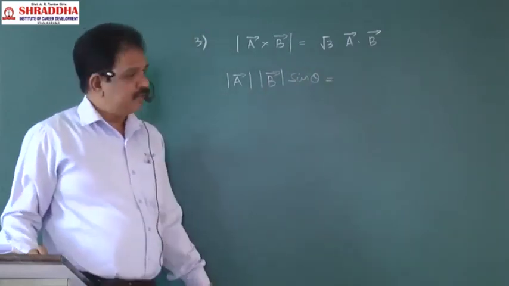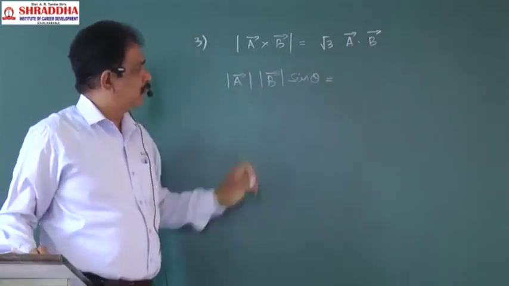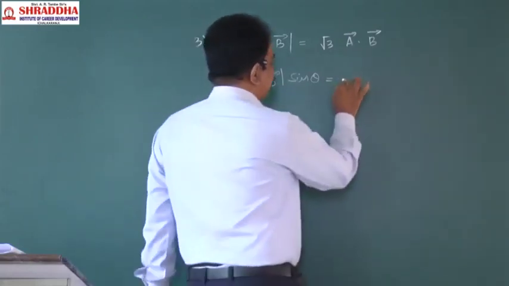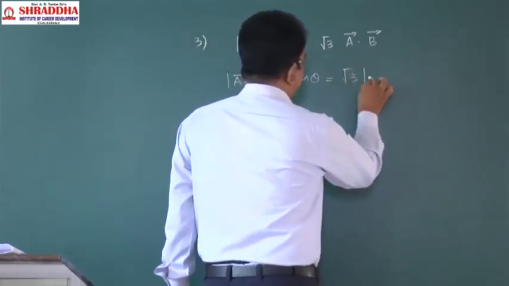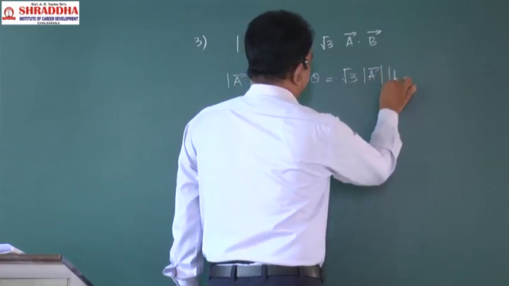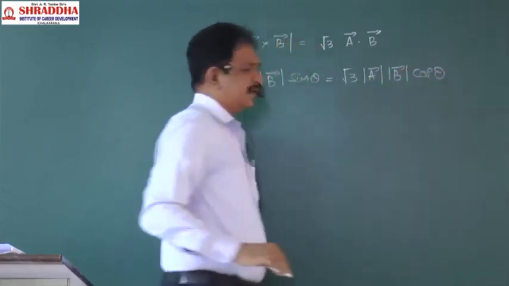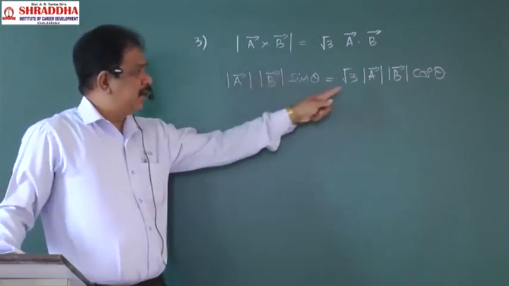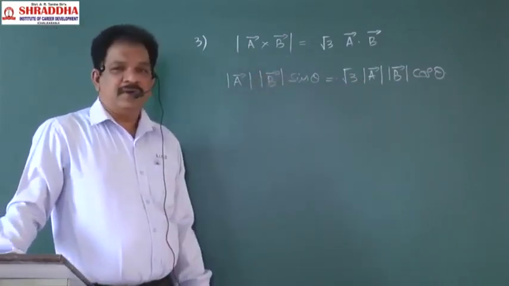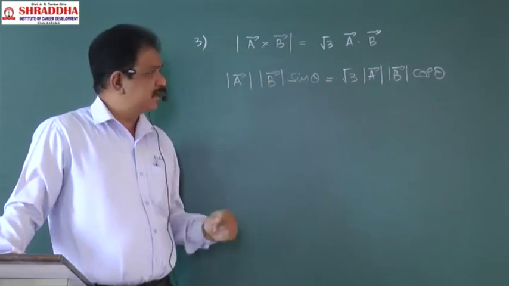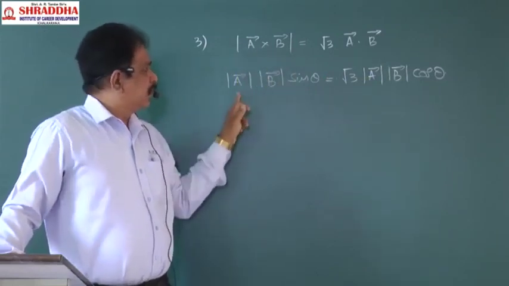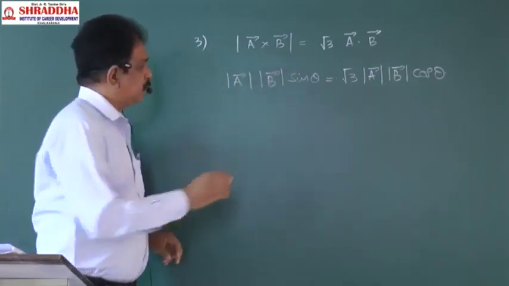That is the value of modulus of A bar cross B bar. This value is root 3 into mod A bar mod B bar cos theta. Clear? A bar dot B bar is equal to mod A bar mod B bar cos theta.